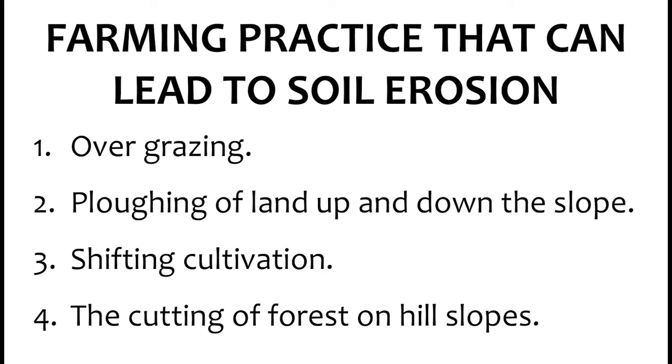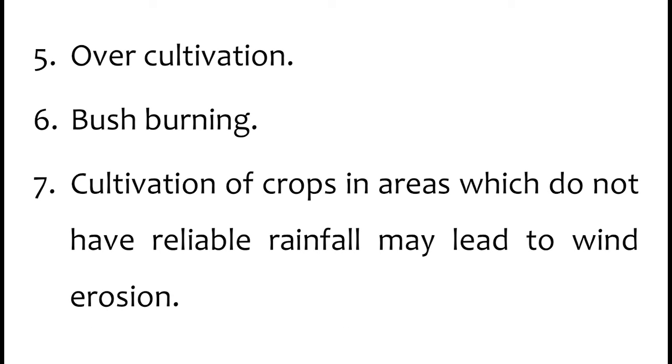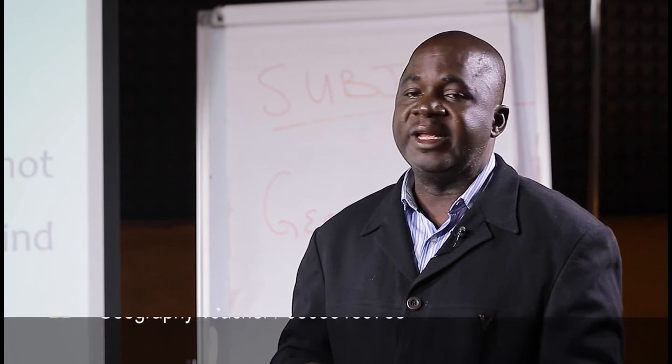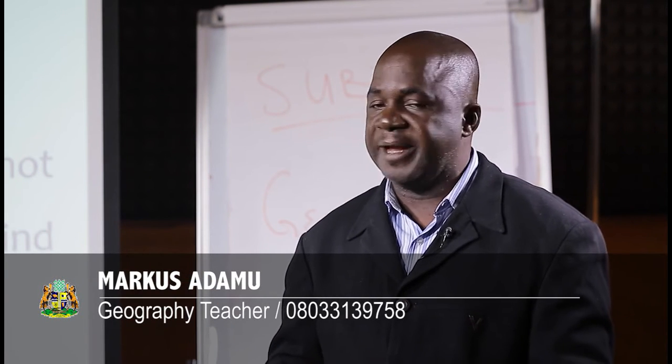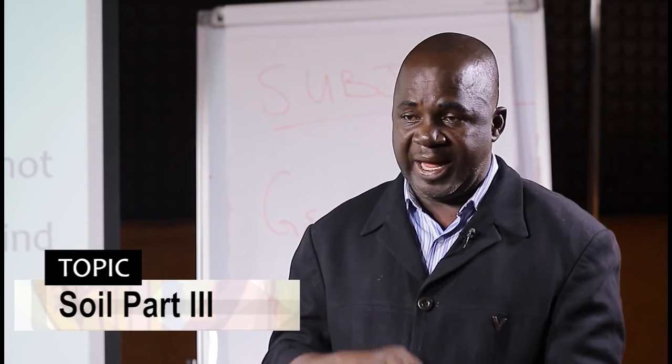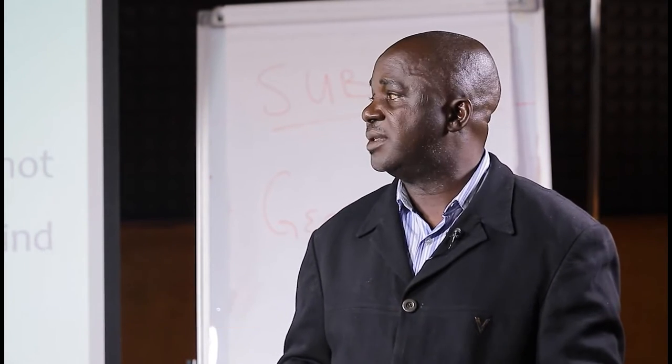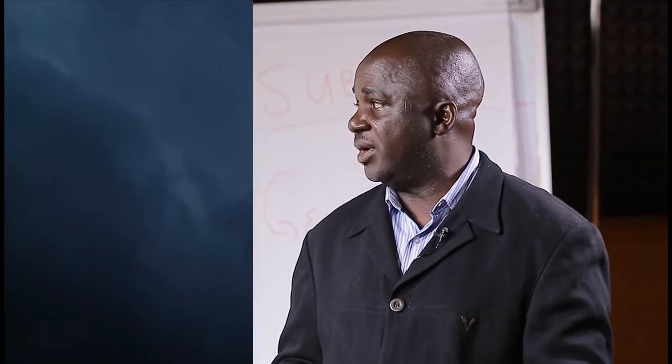Number 5, over-cultivation. 6, bush burning. 7, cultivation of crops in areas which do not have reliable rainfall may lead to wind erosion. All these different steps, when properly implemented, will help seriously in conserving our soil.